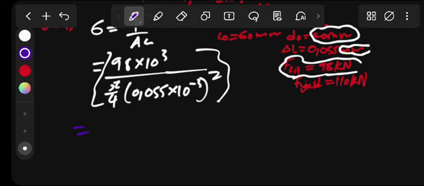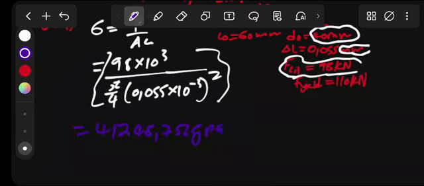Let me reduce it to gigapascal. All right, this will be 41248.75. We have to convert to gigapascal.